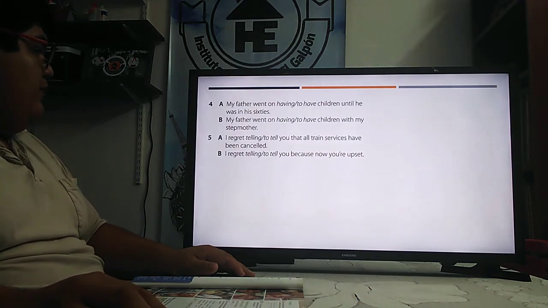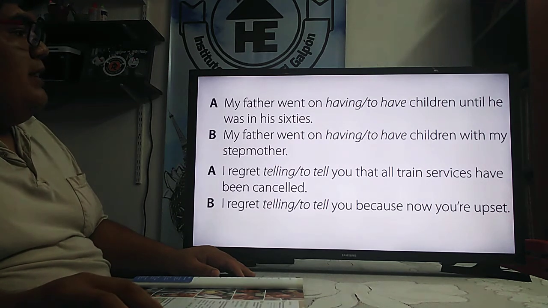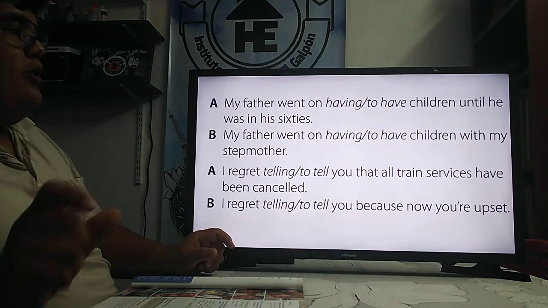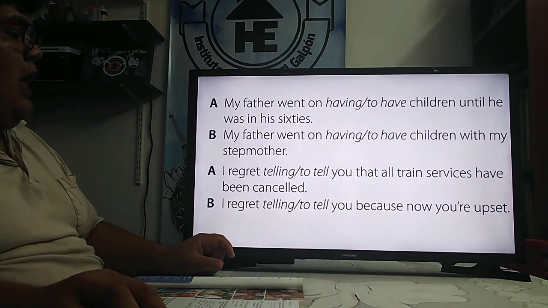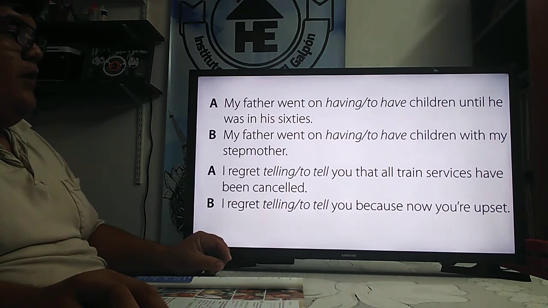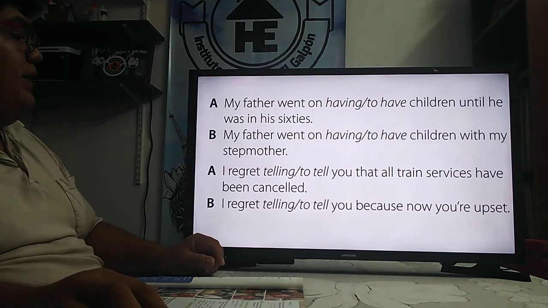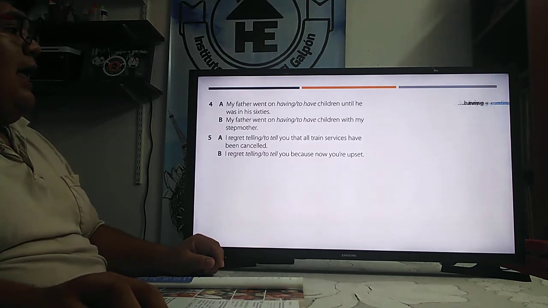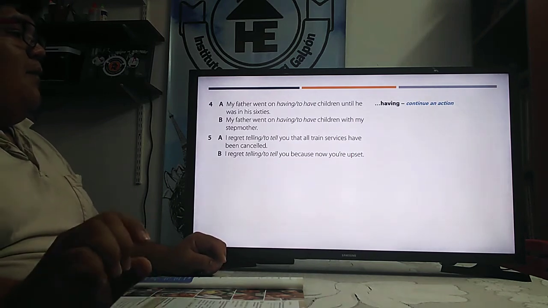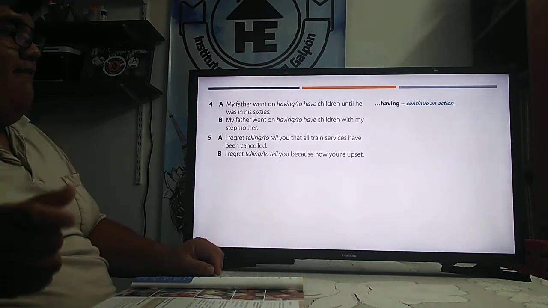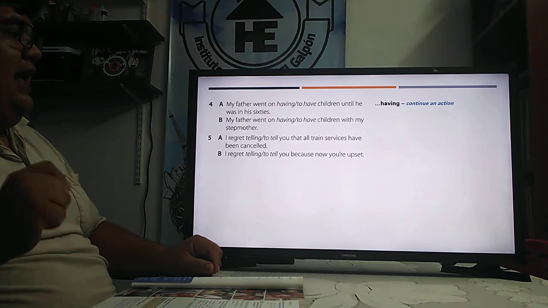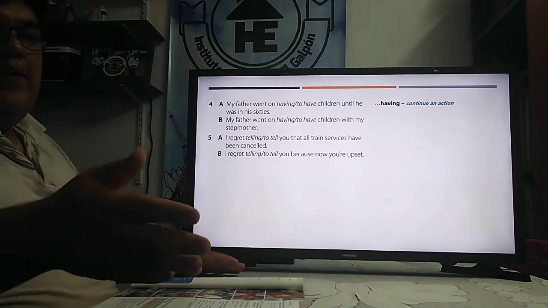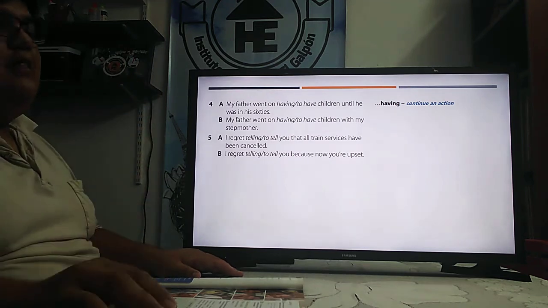Well, let me see. My father went on having or to have children until he was in his 60s, or my father went on having or to have children with my stepmother. Let's see, having. My father went on having children until he was in his 60s. That is to continue an action already started.